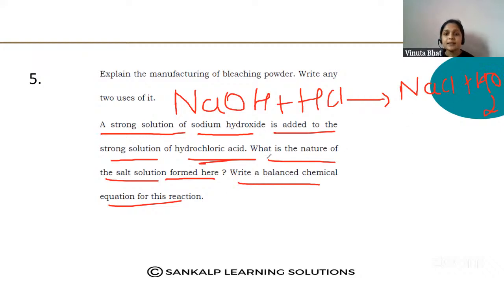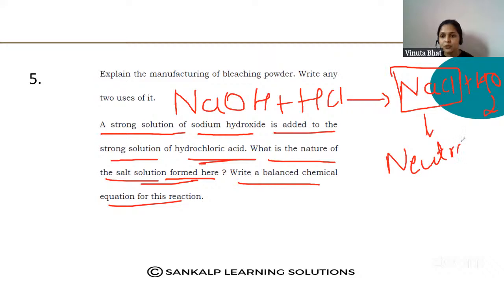What is the nature of the salt solution formed here? What is the nature of the NaCl? The salt is neutral. The nature of the salt solution is neutral. Write the balanced chemical equation for this reaction. Let us check whether it is balanced or not.